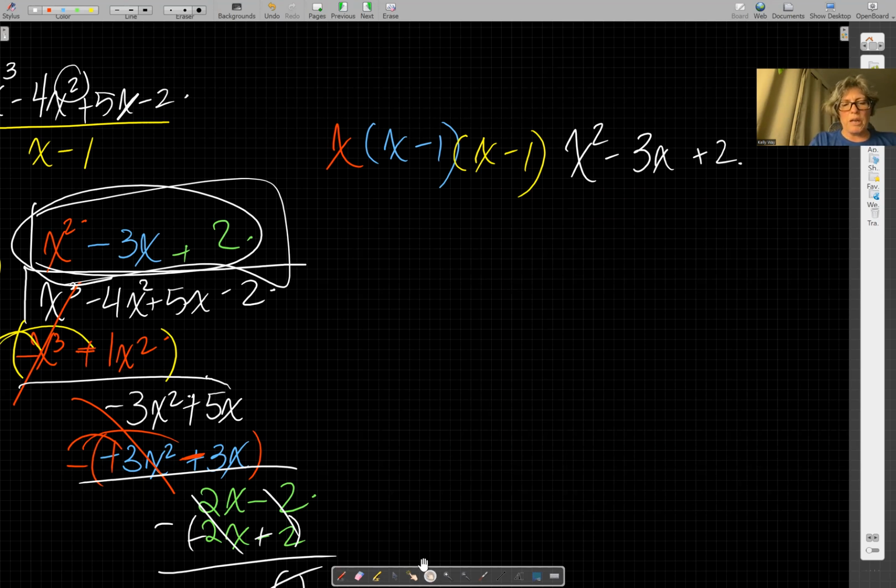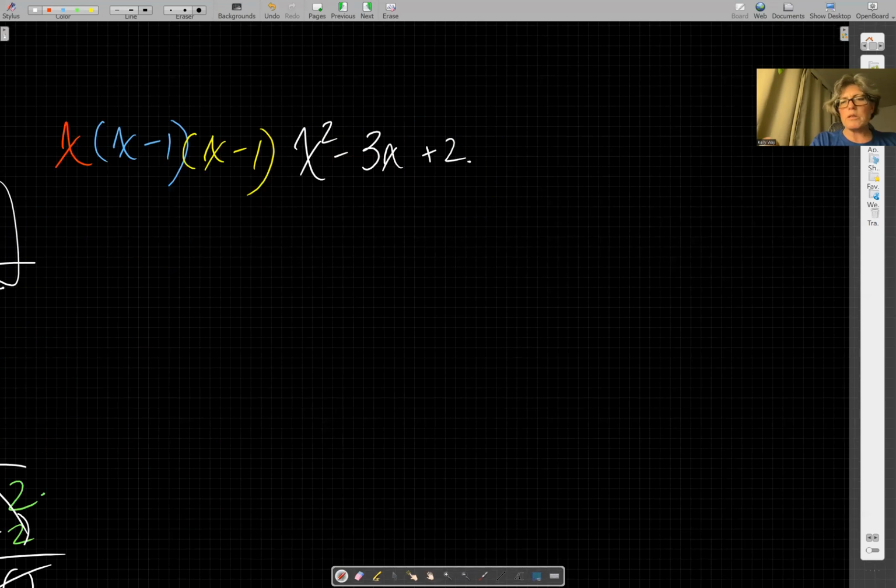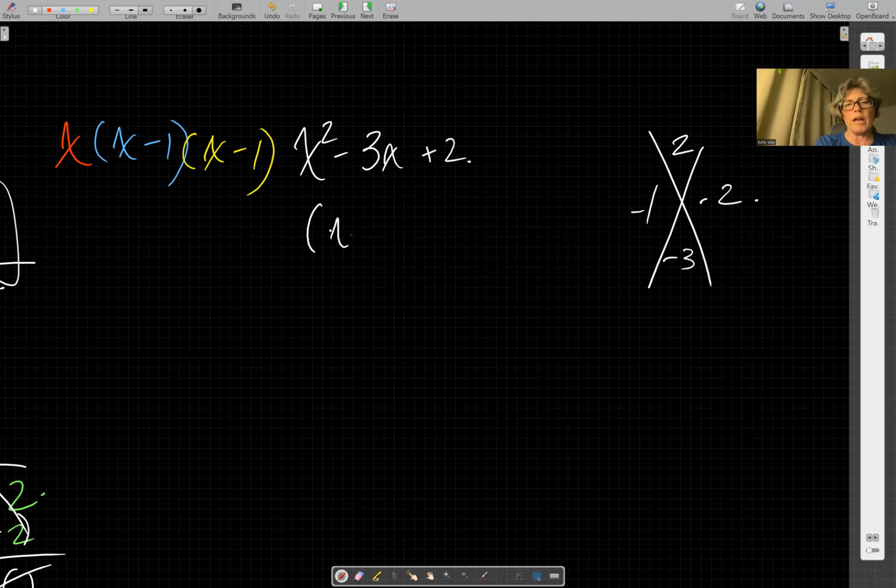You should be able to Xbox this quite easily. We have 1 times 2, and we have a negative 3. So we know we have a double negative here. We have a negative 1 and a negative 2. That should be pretty easy. Adds to negative 3. So we have here x minus 1, x minus 2.